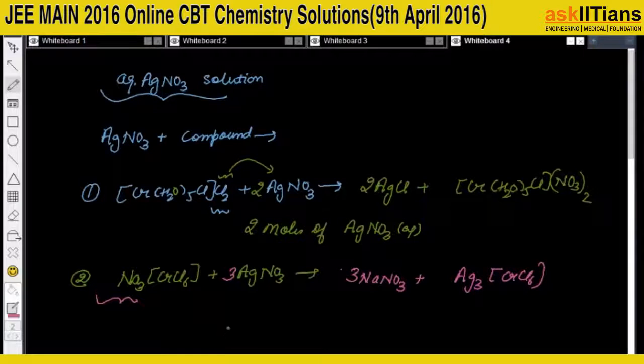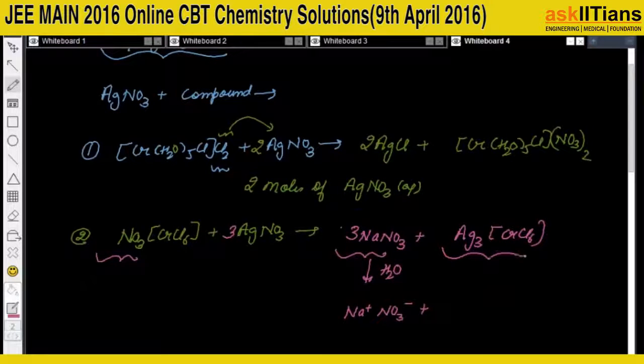Now the problem with this reaction is, again see, NaNO3 can break up because it's very ionic, and since you have aqueous solution, it will be further going to form Na positive and NO3 minus. And again here we cannot say anything about the stability of this new compound so formed. So again I am not very sure about whether this reaction will go in the forward direction or not. So let's mark this option as a little difficult option for this particular question.